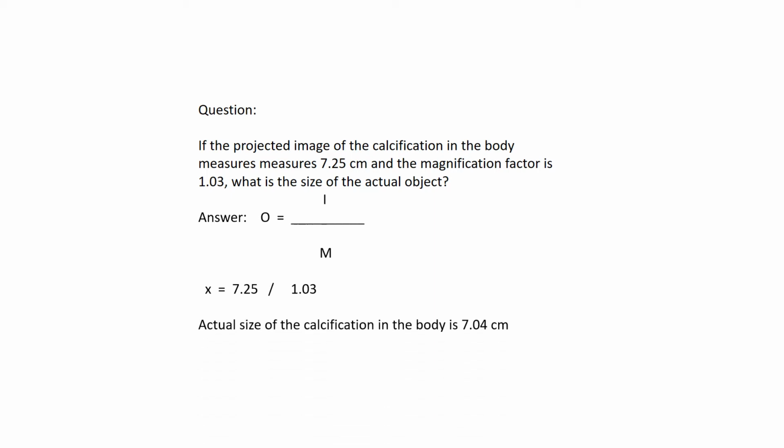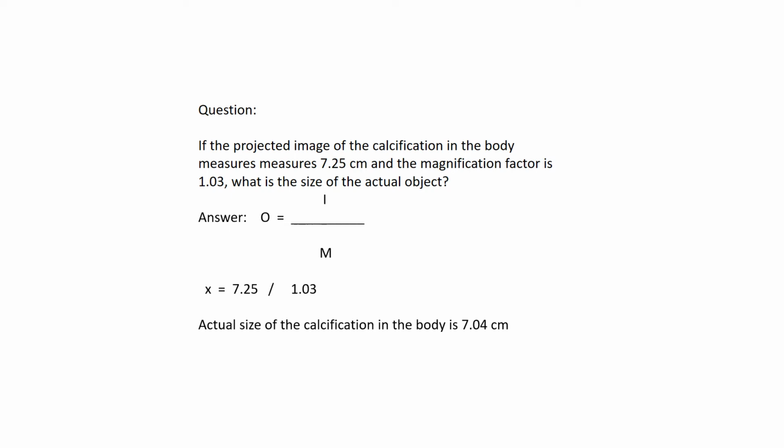The actual size of the calcification, the size of the object in the body, is 7.04 centimeters. So you would take the image size, I, you would divide it by the magnification factor, M, to obtain the size of the object in the body.